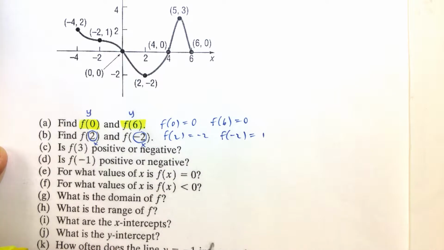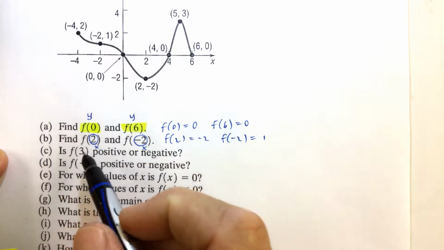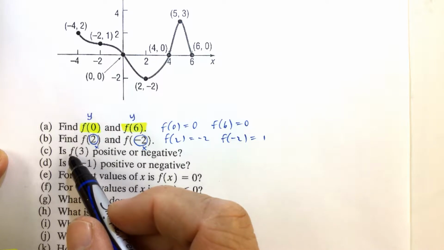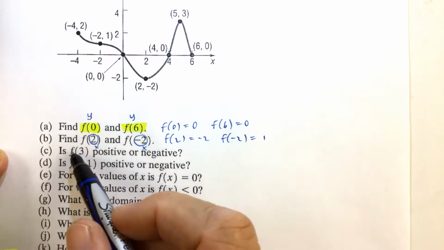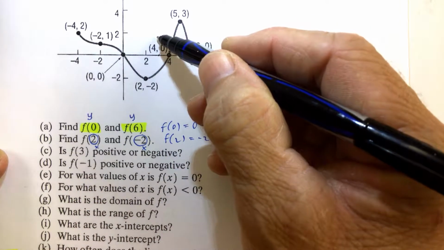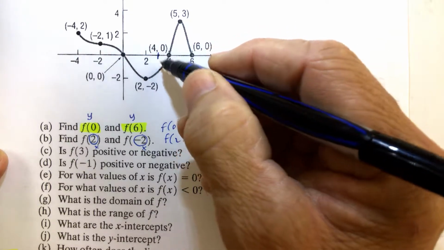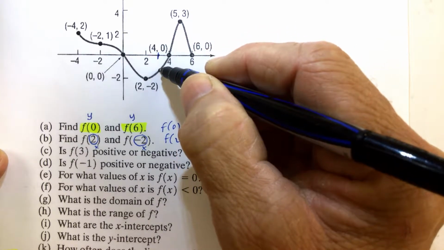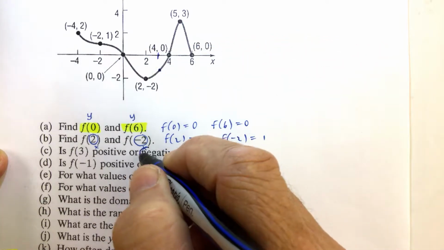Part C is f of 3 positive or negative. Well, f of 3 is the y value. So we're being asked here if f of 3 is positive, then that would mean that the y value when x is 3 would be above the x-axis, which we can see it's clearly not. When x is equal to 3, the y value is negative. It's below the x-axis, and so therefore f of 3 is negative.